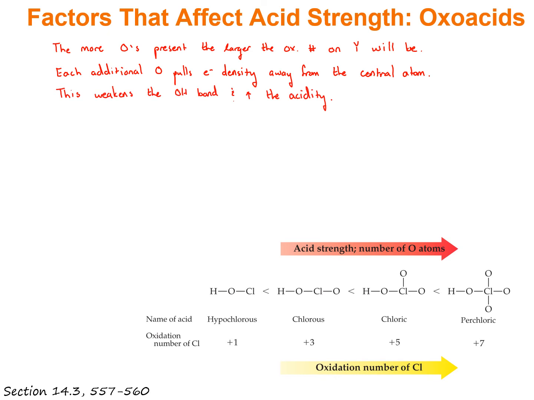In turn, what that's going to do is weaken the OH bond, and that's going to increase the acidity, allowing that H+ to be cleaved much easier and donated much easier than it would have otherwise. And you can see here with the hypochlorous, it only has a +1. You move to chlorous acid, it's +3, chloric is +5, and perchloric is +7. And in each case, the acid strength is going to increase.